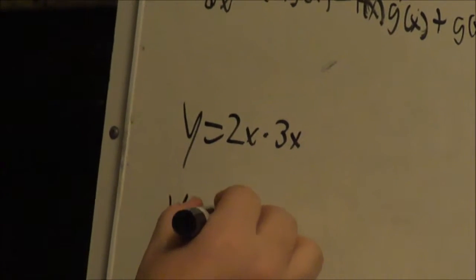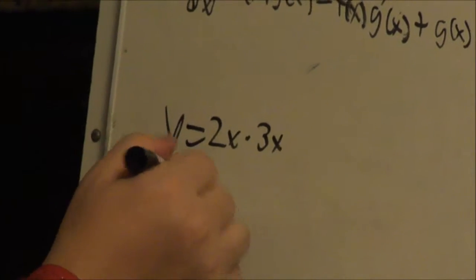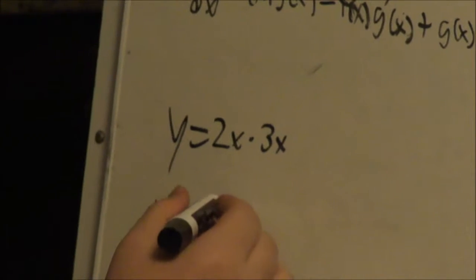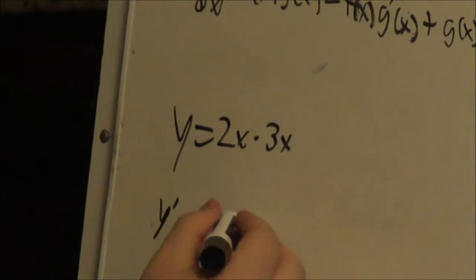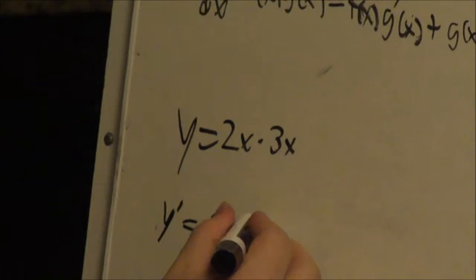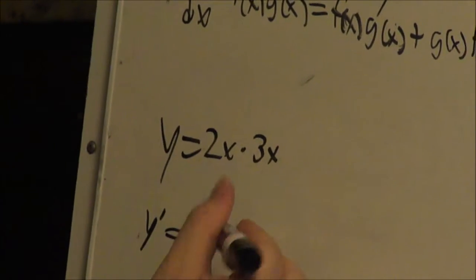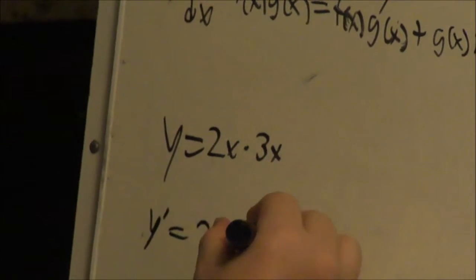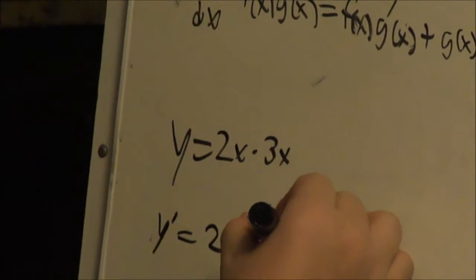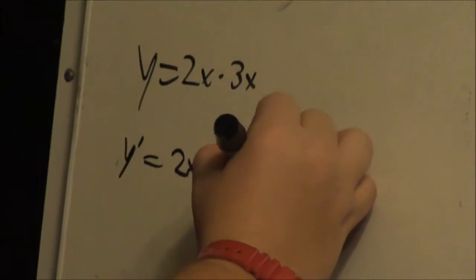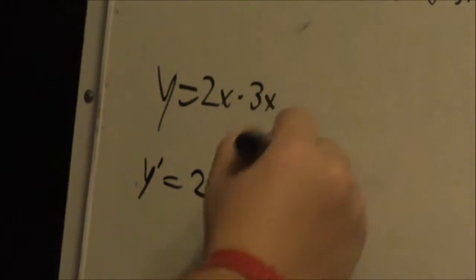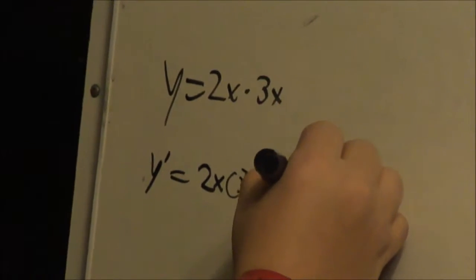So it would be, and you leave the 2x alone, so it would be the 2x times 3, which is the derivative of 3x, plus 3x, because you're leaving that alone, and the derivative of 2x is 2.